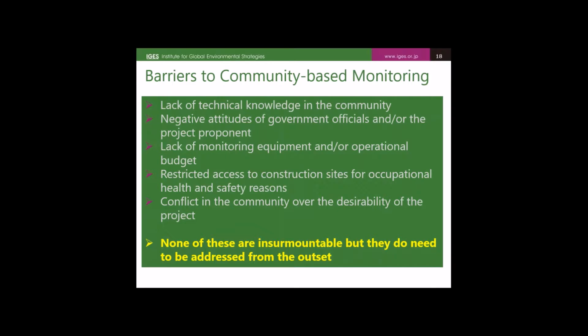During construction, there is often restricted access to construction sites for occupational health and safety reasons. And often, of course, conflict within the community over the desirability of the project. And you may have some people who are willing to participate in the monitoring program, while others simply want to stop the project from going ahead. While none of these barriers are insurmountable, they do need to be addressed from the outset.